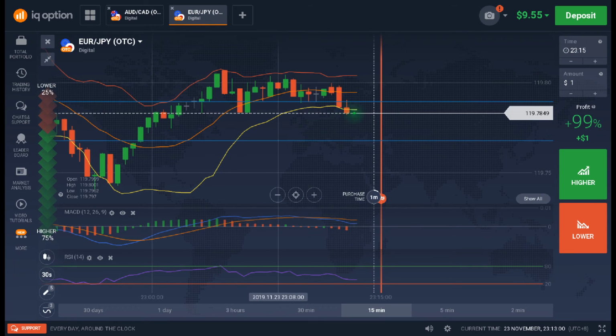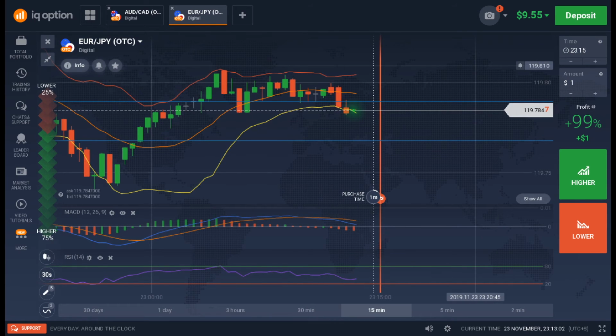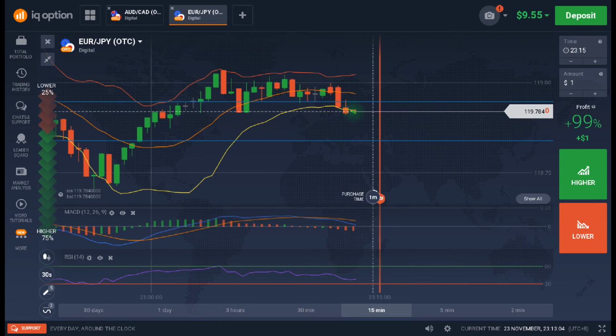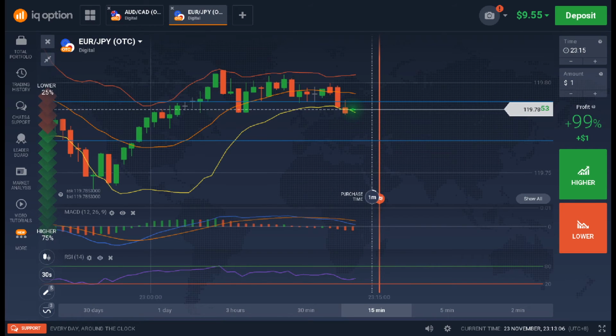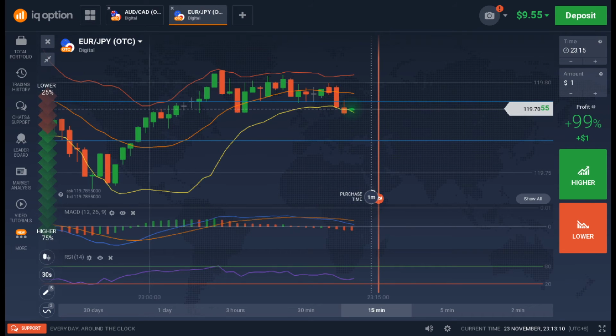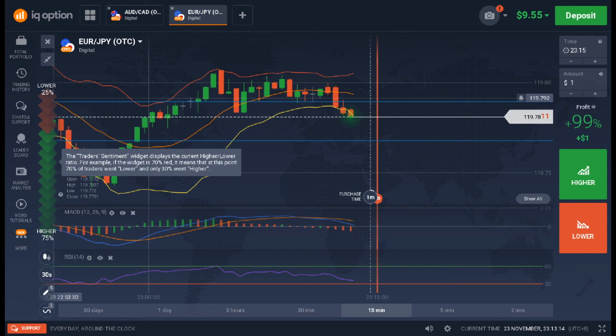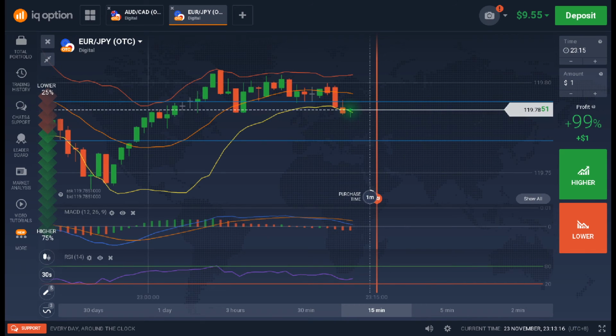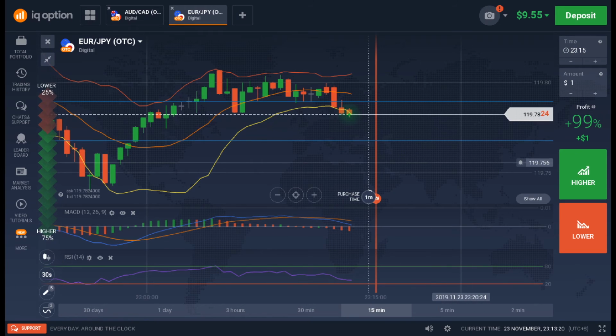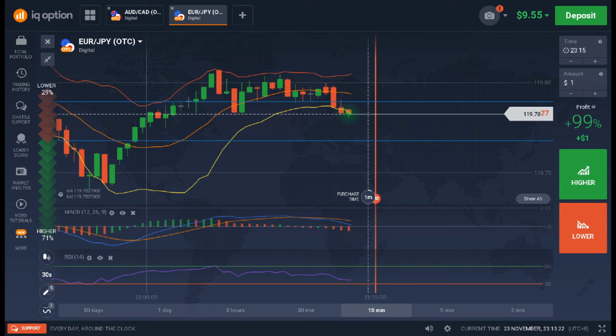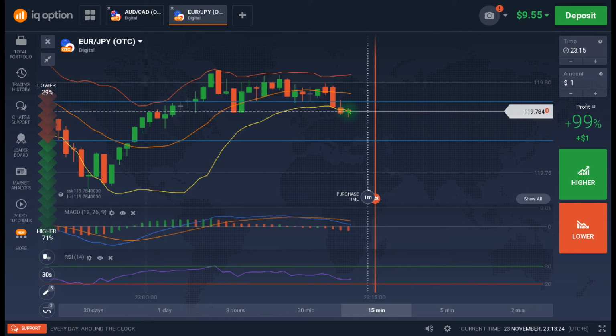Okay, 9:55. You know what's interesting? I started at $10, right? And then several trades after, I think at one point it even reached $7, 6.50, and then we were able to recoup that, bring it back to 9.55.